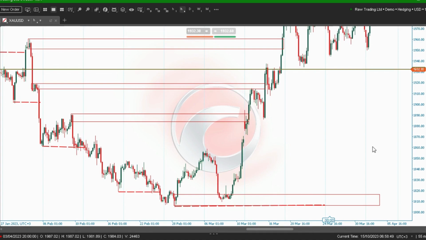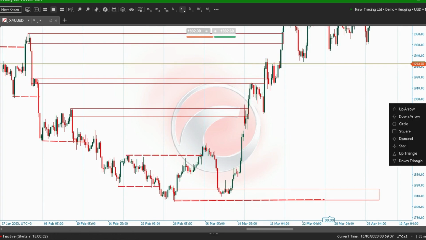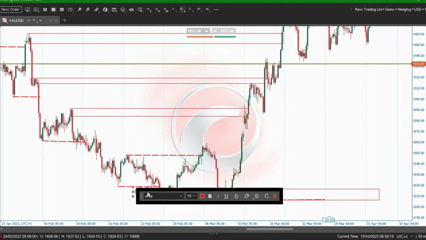So with this break of structure here, we always mark the last high. Okay, this was the last high that led to this break of structure here.